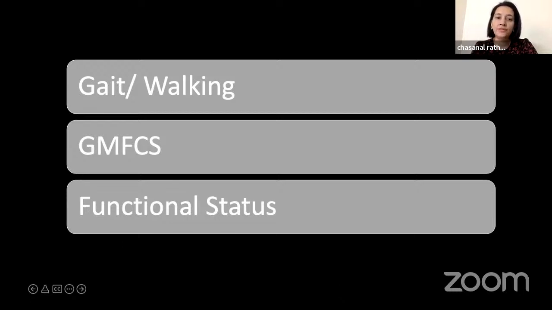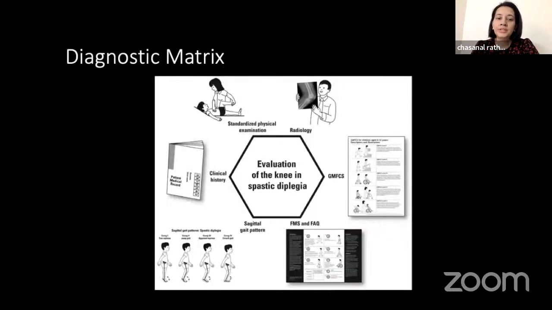With all this information, we try to put the child into a GMFCS level, which gives us an idea of the functional status of the child. The functional status is important because all the treatment protocol, the dosage of surgery, and decision making depend on it.